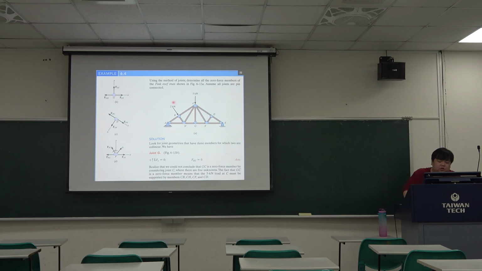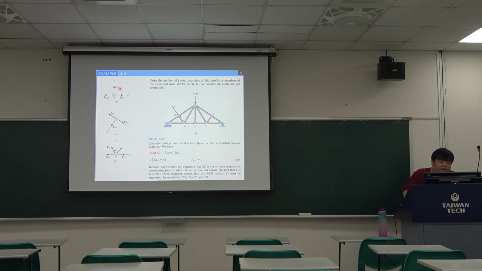So we can do the first analysis on the joint G, because we need to find the zero force members. Like this part, G and D are the same situation.